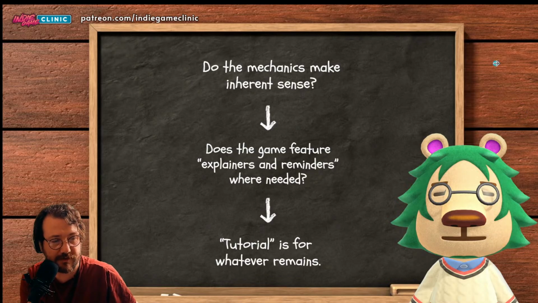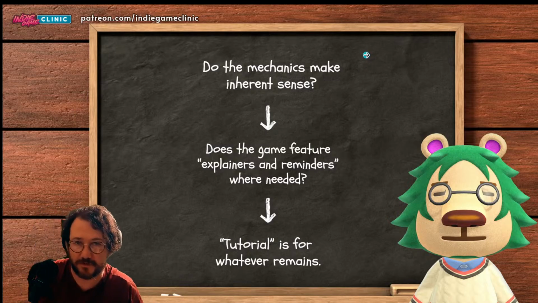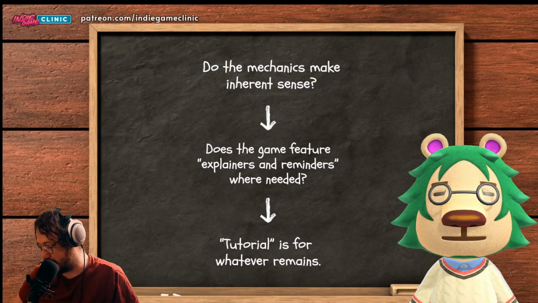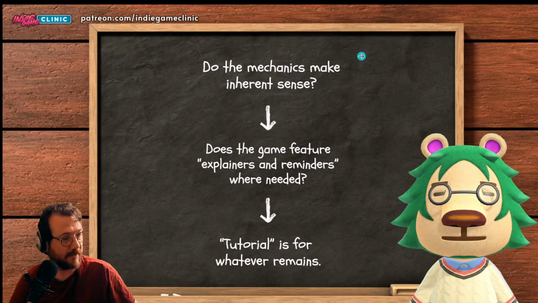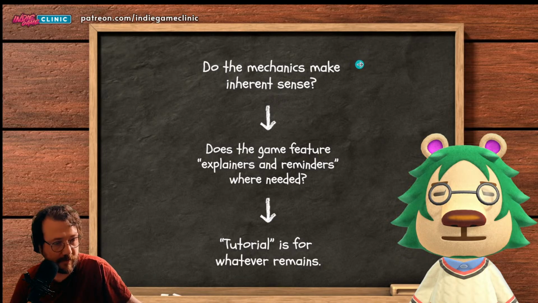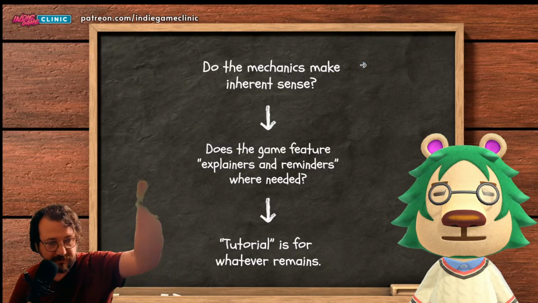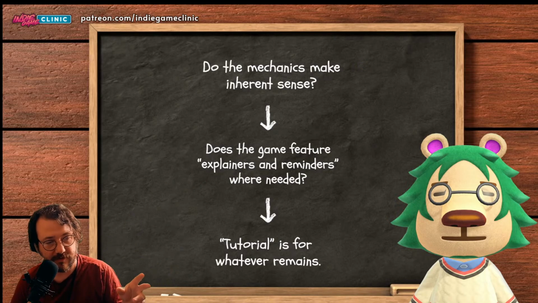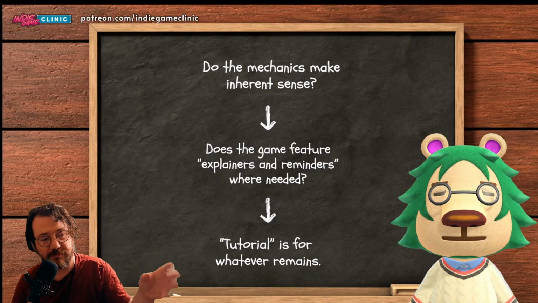So I think the workflow for thinking about tutorials and onboarding of players really should be, you try and make sure that the game mechanics make as much inherent sense as possible, right? So, Time Cowboy that was on the stream last week has some wall jumping stuff. And we were talking in the Discord the other day about maybe the wall jump needs a little bit more feedback.